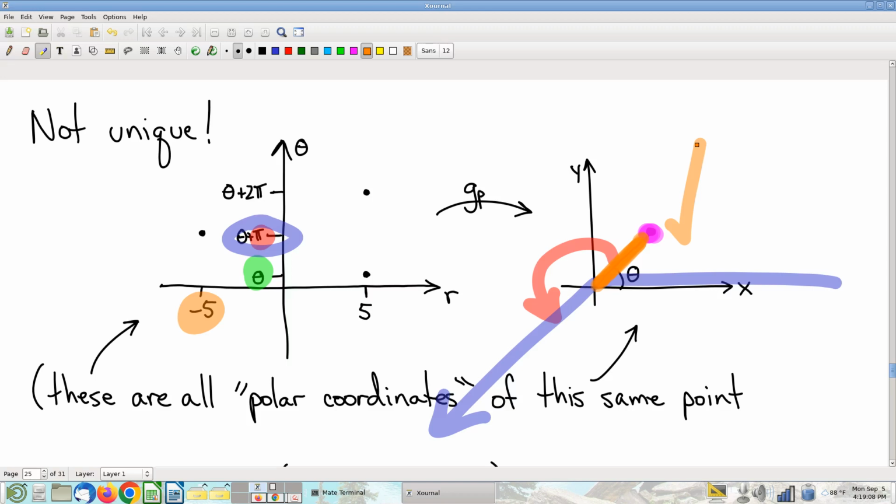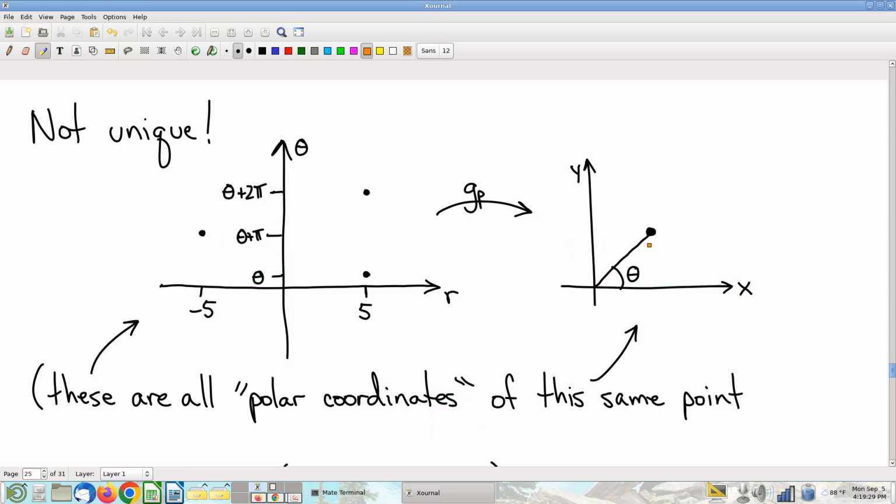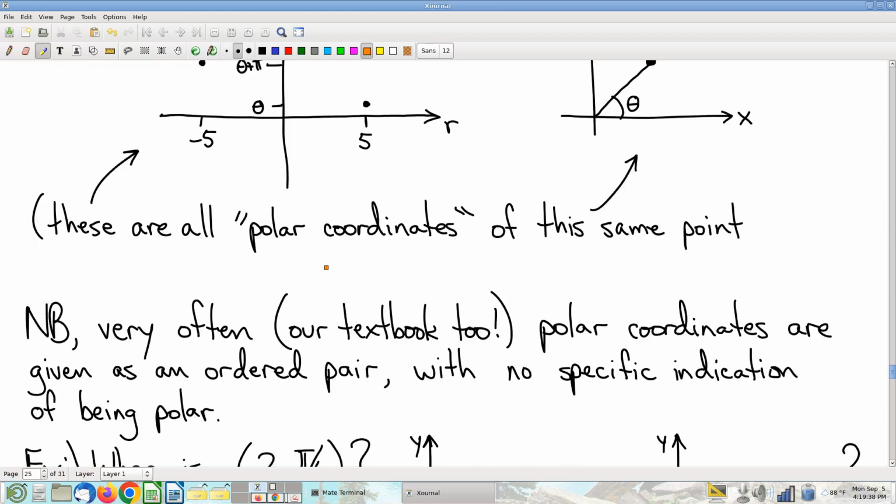And then there's go the exact wrong direction, plus as many multiples of 2 pi as you want, and then just don't forget you need a negative r to account for the fact that you're going the wrong direction instead of the right direction. So lots of uniqueness problems, you might say. So highly non-unique are polar coordinates. Okay. All right. So bummer.